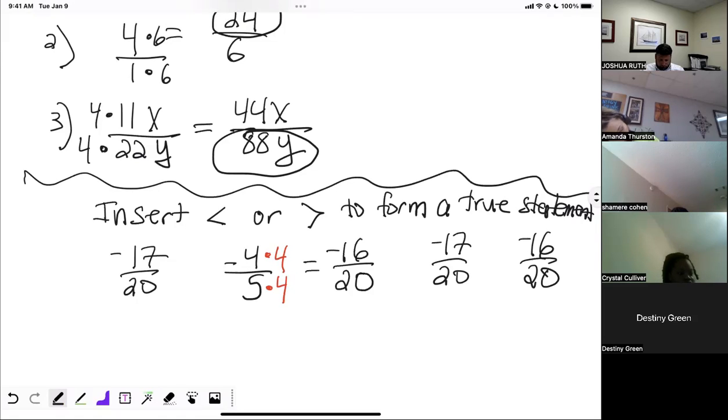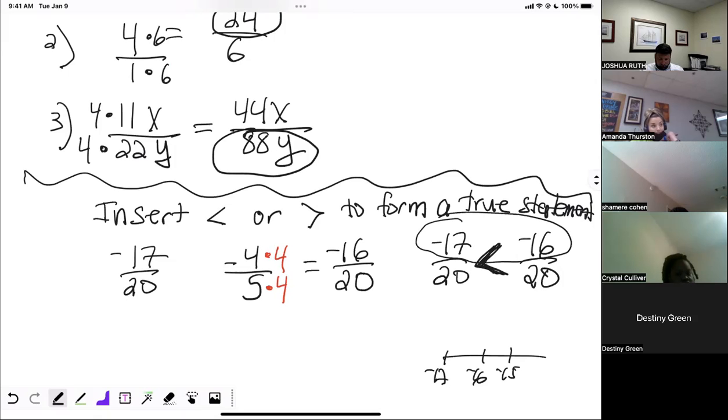Is negative 17 bigger than negative 16? Well, if you think of the number line, you got negative 15, negative 16, negative 17. So 17 is smaller. So that means my inequality has to be here. So as soon as you get common denominators, all you have to compare is the numerators, and that will give you your answer.